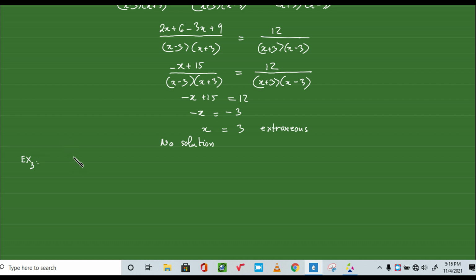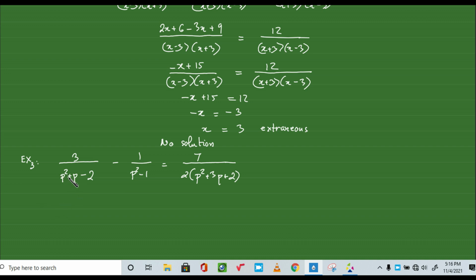I have 3 over p squared plus p minus 2, minus 1 over p squared minus 1, equals 7 over 2p squared plus 3p plus 2. Alright. Now what do we see over here?